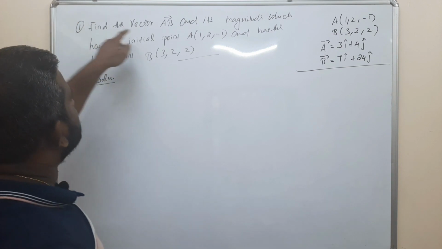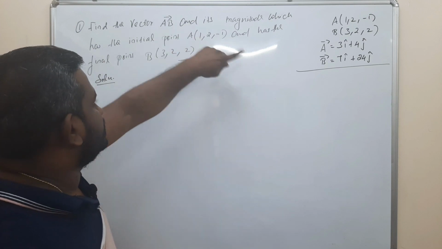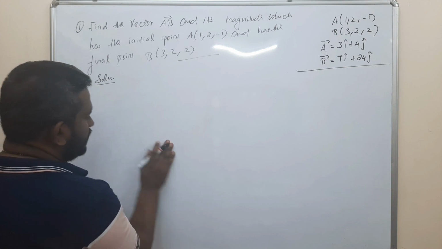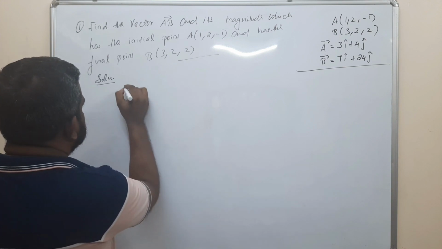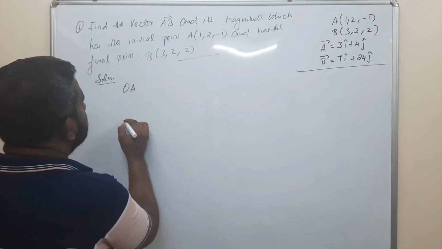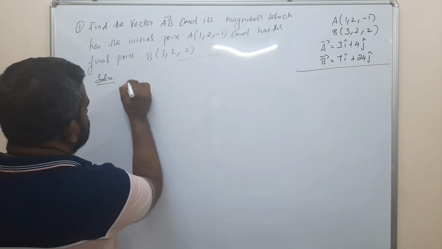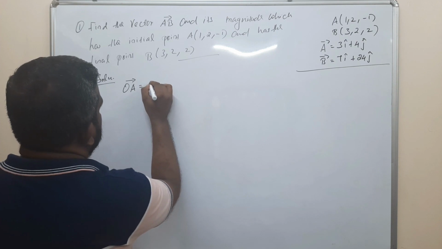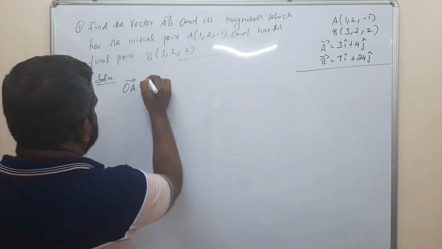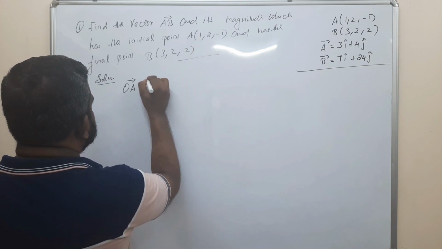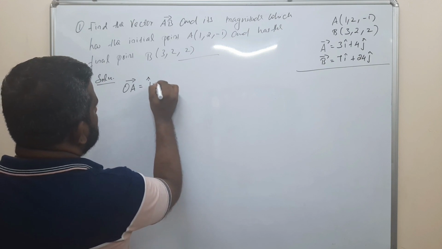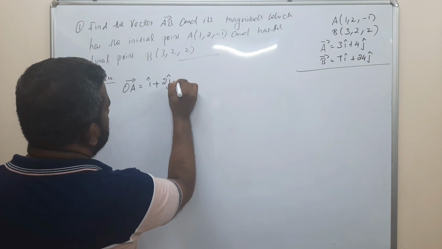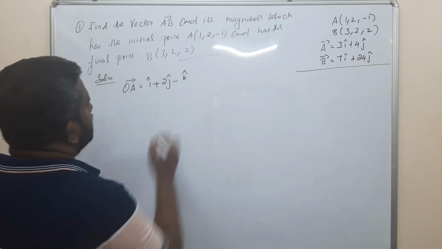So we have to find the vector AB and its magnitude, which has the initial point given. So initial point means the distance from the origin. Okay, so OA vector is equal to 1 i cap plus 2 j cap minus k cap.